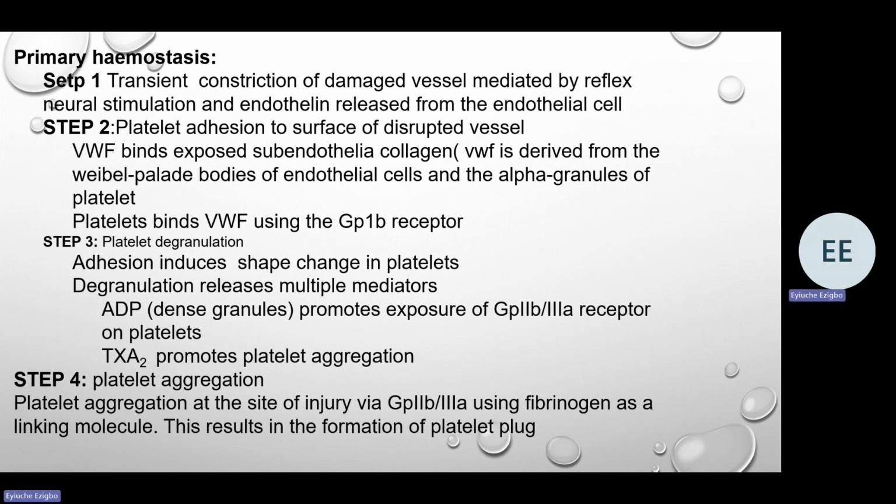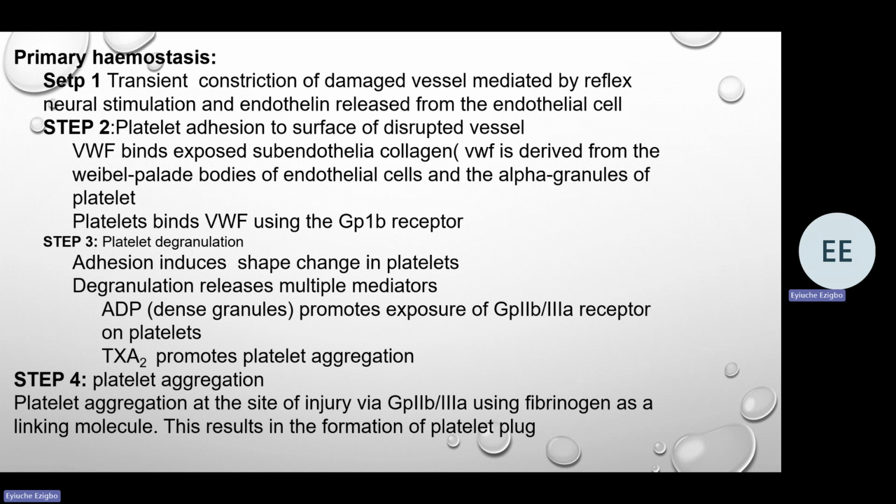The next step in primary hemostasis is platelet degranulation. The adhesion of platelets to the exposed endothelial cells induces a shape change in platelets, and this shape change activates platelets to release granules.